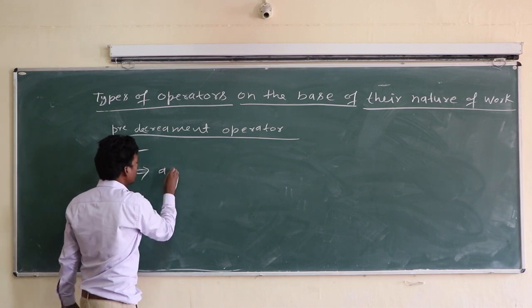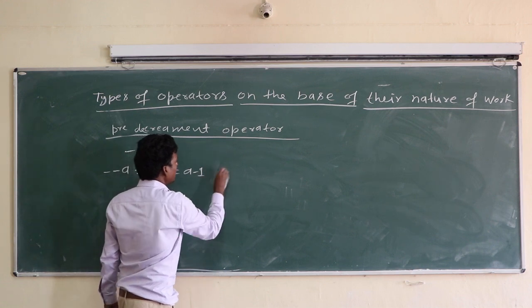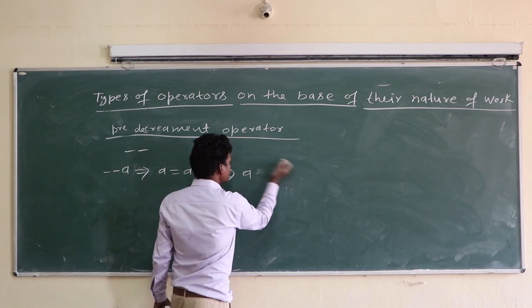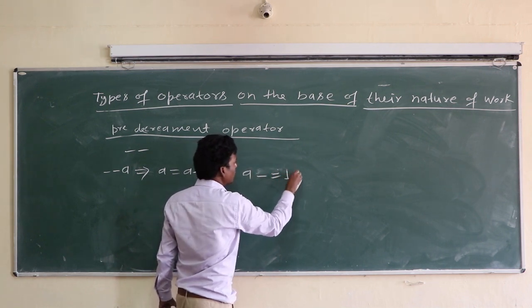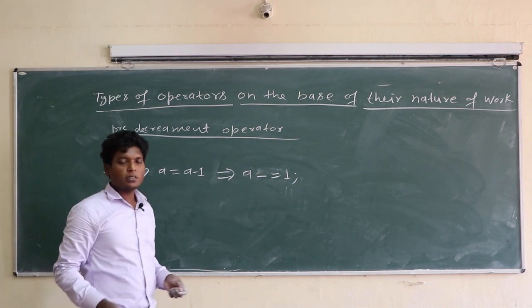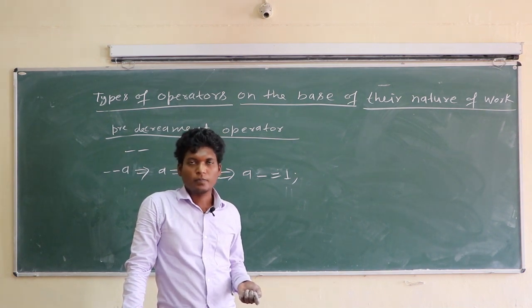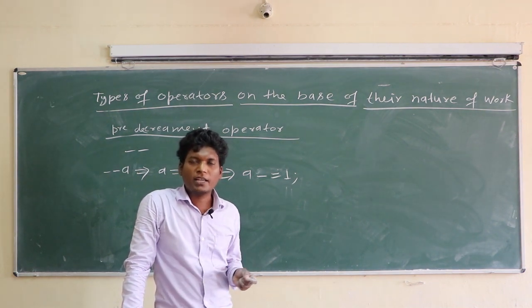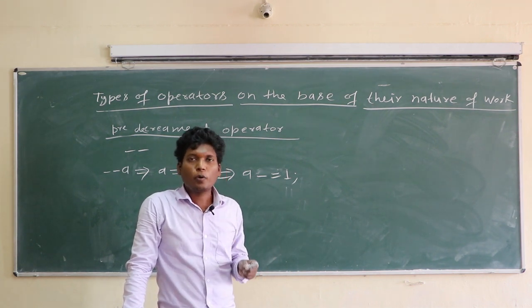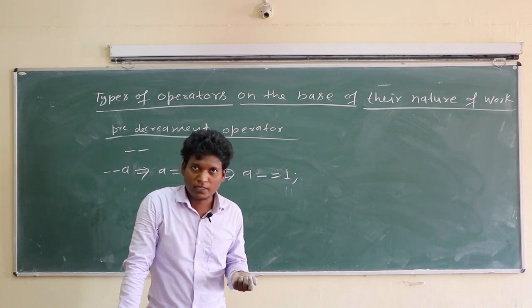This can also be written as a -= 1. The operation is performed the same as post-increment and pre-increment. In pre-decrement, the value of the variable is decremented before the statement ends. In post-decrement, the value of the variable is decremented after the statement ends.